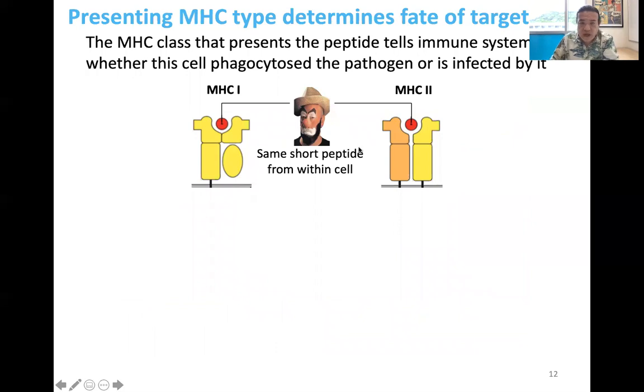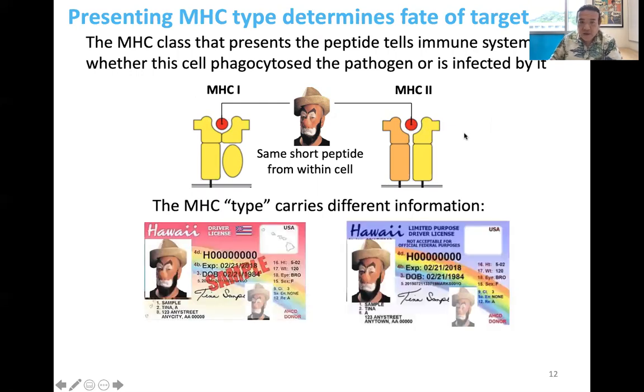Here's bad clown. And if bad clown somehow gets into one of the cells of your body, for example, if he infects one of your cells, then pieces of bad clown will be presented as the red dot on MHC1. If bad clown is phagocytosed and destroyed inside of something like a macrophage, that macrophage will present the red dot from bad clown on MHC2.